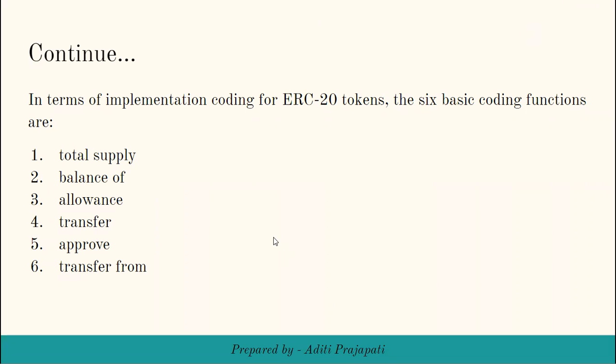These are totalSupply, to get to know the exact supply of tokens on the network; balanceOf, to know the balance of your account; allowance; transfer, to transfer the token from one user to another; approve, used for approval of receiving the token; and transferFrom, from where the token is being transferred. These are the 6 basic coding functions which are used to carry out the functionality of ERC20 tokens.